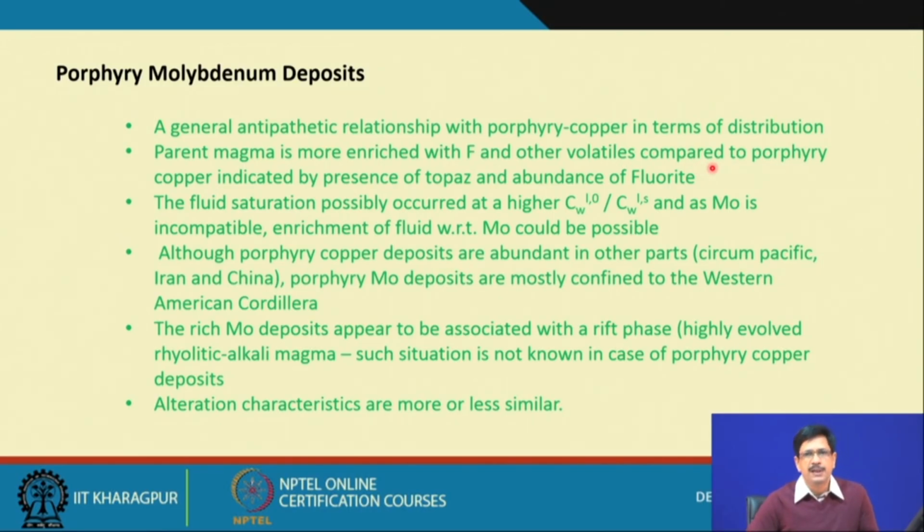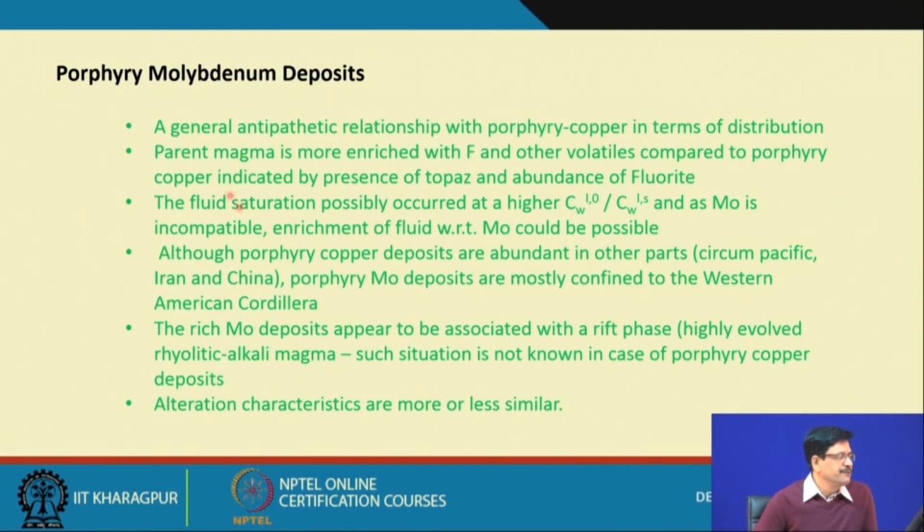Apparently the magmatic rock which gives rise to a porphyry molybdenum deposit is more felsic in composition and has a very high concentration of volatile components like fluorine. This is indicated by the presence of topaz and abundance of fluorite in the alteration zones and mineralization domains in the porphyry molybdenum deposit.